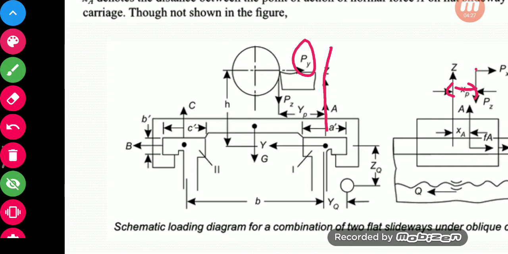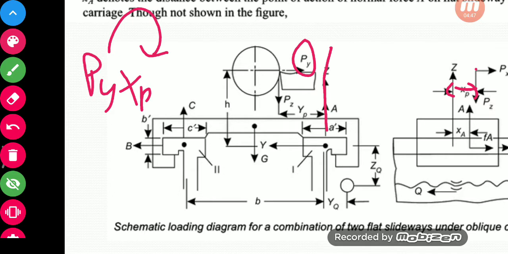So if you see from the top, that force would have basically a clockwise moment. So this force is coming out here, and when you look from the top, it will have a clockwise moment. So we'll write here py times xp.